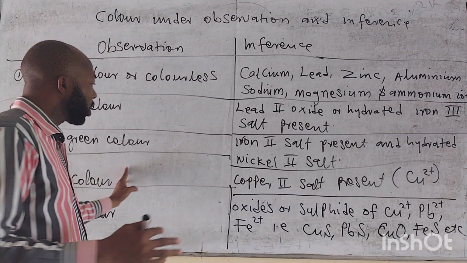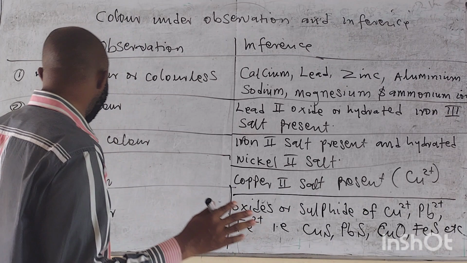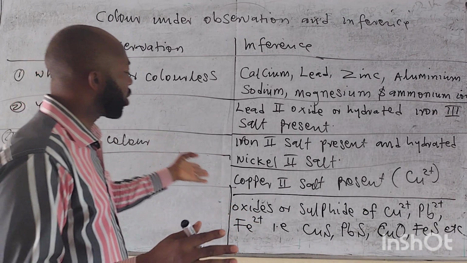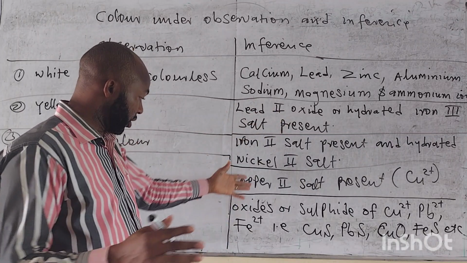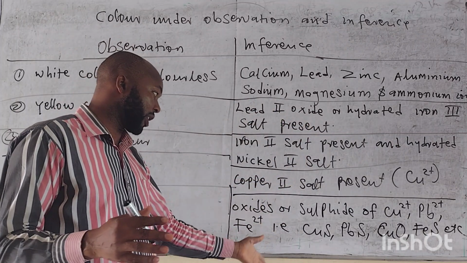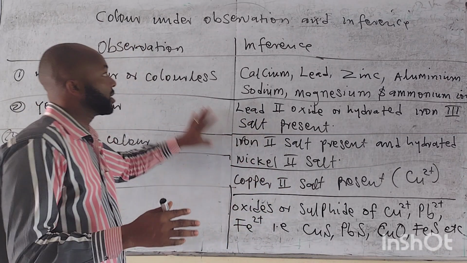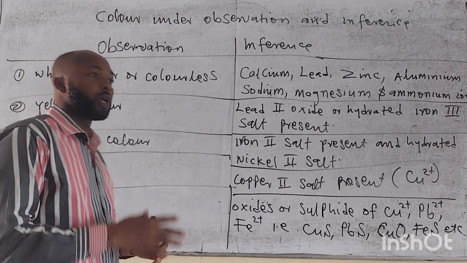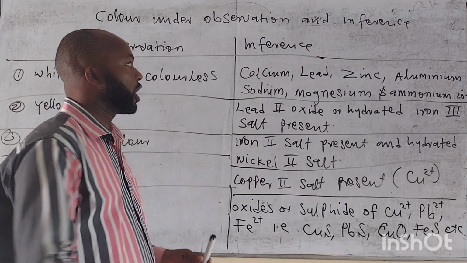If it is blue color, copper 2 salt present. So copper is blue. You know that. Black color is either oxide or sulfide of copper 2, iron 2 plus, lead 2 plus, etc. That's copper sulfide, lead sulfide, copper oxide, iron sulfide, etc. These are the things you should try to streamline your mind to in terms of color.